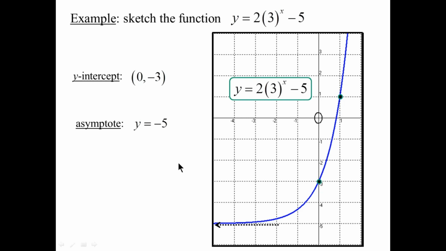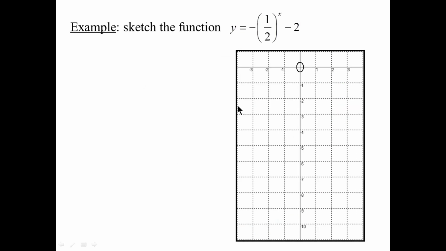Don't forget to label your graph. Let's sketch another one. We see here that this is a decreasing function, kind of like the plane landing, because the base of the exponential function is less than 1.